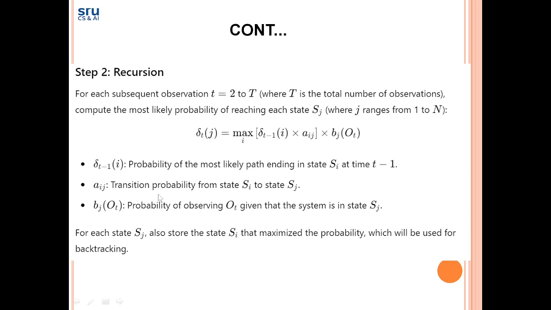Alpha ij is the transition probability from state Si to state Sj. bj of Ot is the probability of observing Ot given that the system is in state Sj. For each state Sj, also store the state Si that maximizes the probability, which will be used for backtracking.